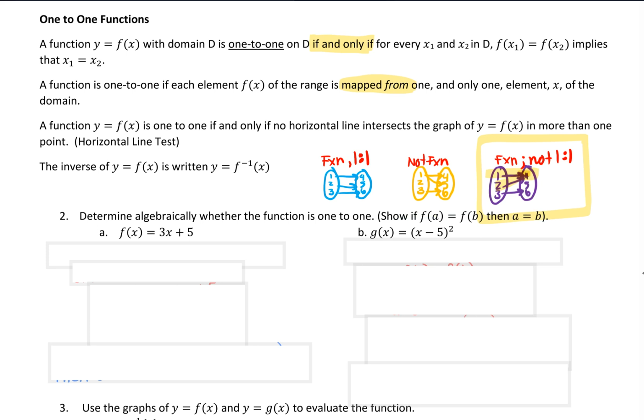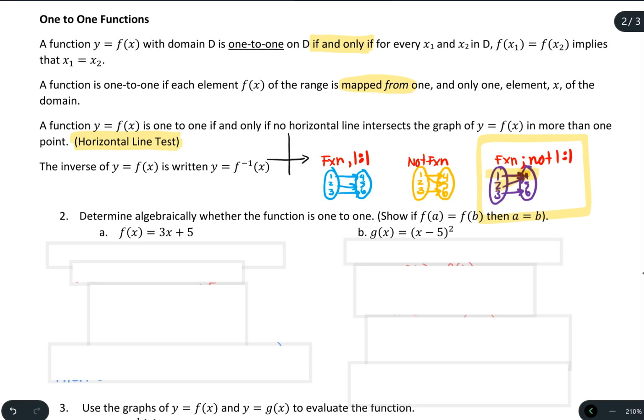Now graphically, if we think about what that means, we know that we can do the vertical line test to test if a relation is a function. And here we have a horizontal line test to test if a function is one-to-one. So the horizontal line test will intersect a graph twice if there is one y value that comes from two different x values. And a known example of that is quadratic.